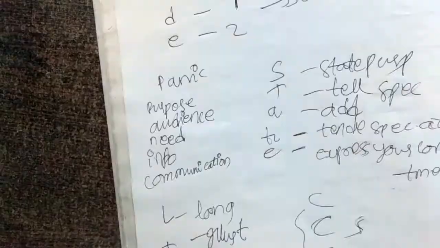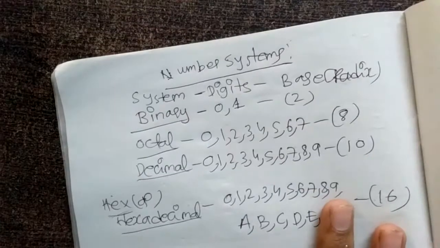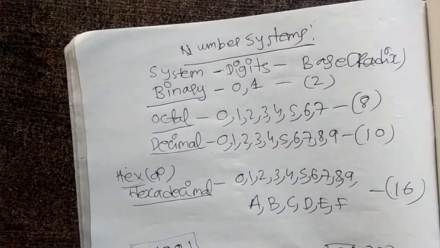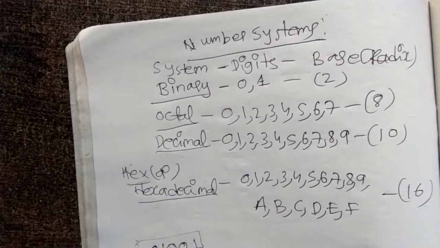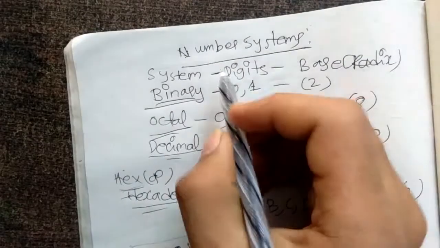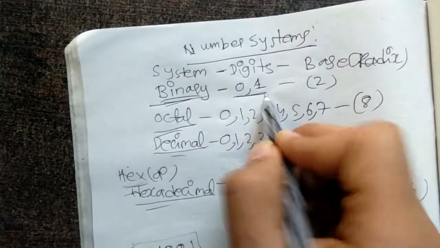So now let us talk about the different number systems. As of now we have basically 4 number systems: binary, octal, decimal, and hexadecimal. The digits which the binary system uses are only 0 and 1.